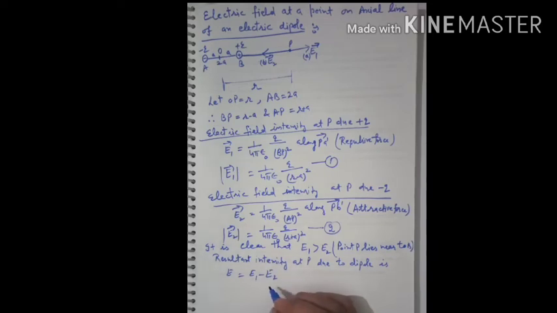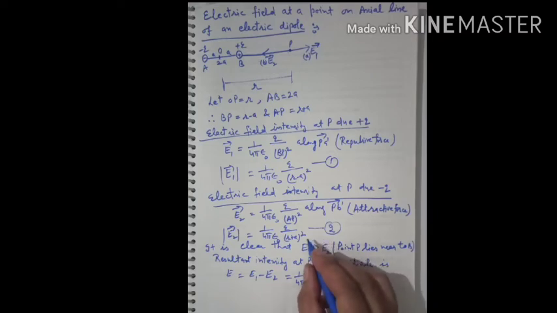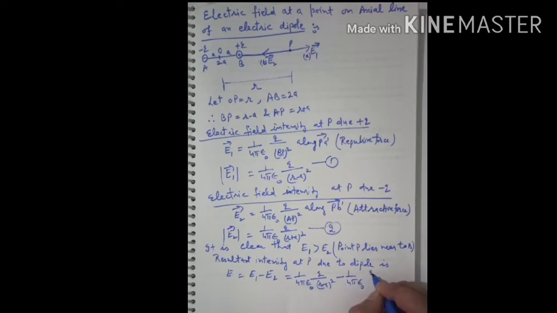So now put the values of E1 and E2 from equations 1 and 2: 1 by 4 pi epsilon naught, q by (r minus a) square, minus again E2, 1 by 4 pi epsilon naught q by (r plus a) square.